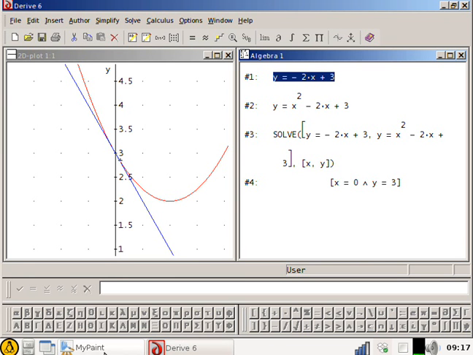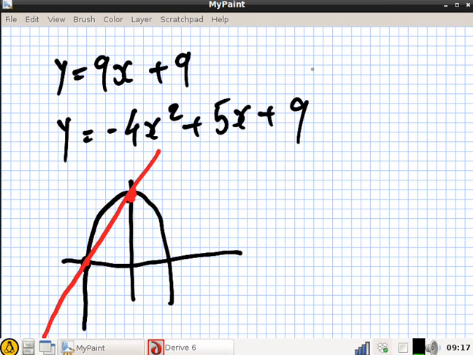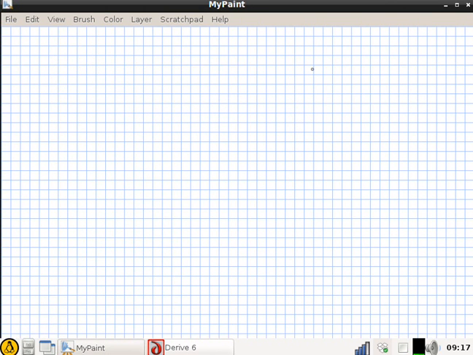Okay, so it's getting a bit trickier now. So number 2 here, I give you this curve, y equals 9x squared minus 3x plus 4.